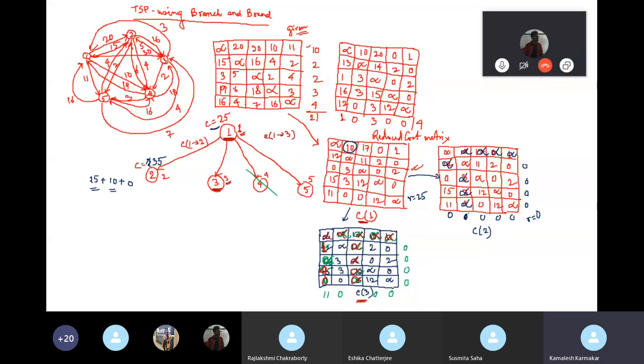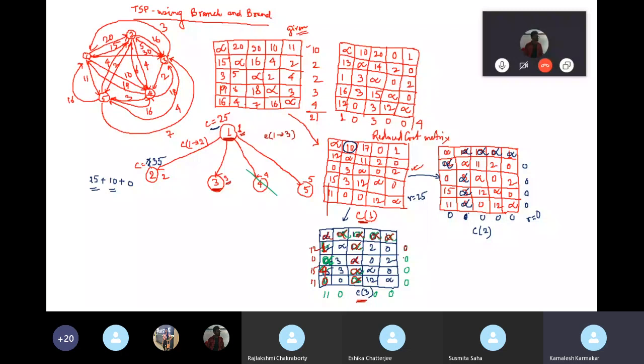Previously this value was 12. I will write it here as it is overwritten. So from this C1, this value is 12. Now the next value is 0, next value is 15, and the last one is 11. From the first row, what is the minimum value?